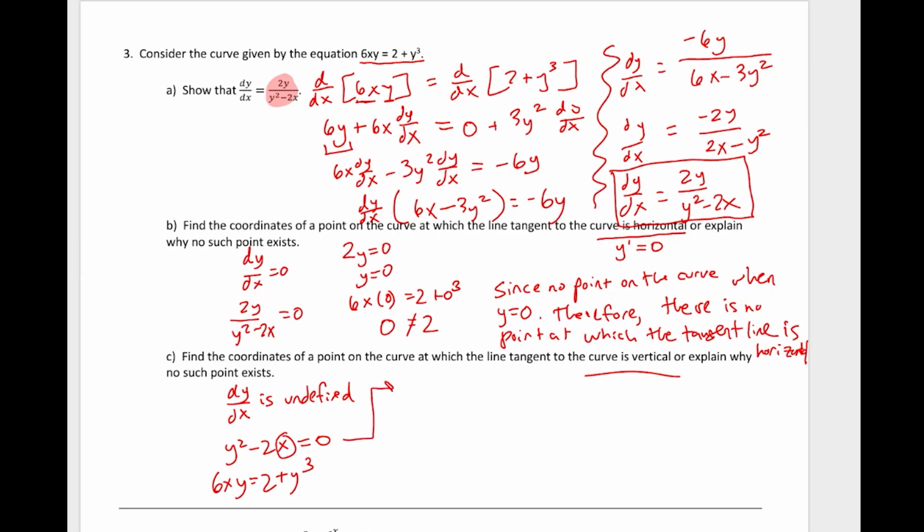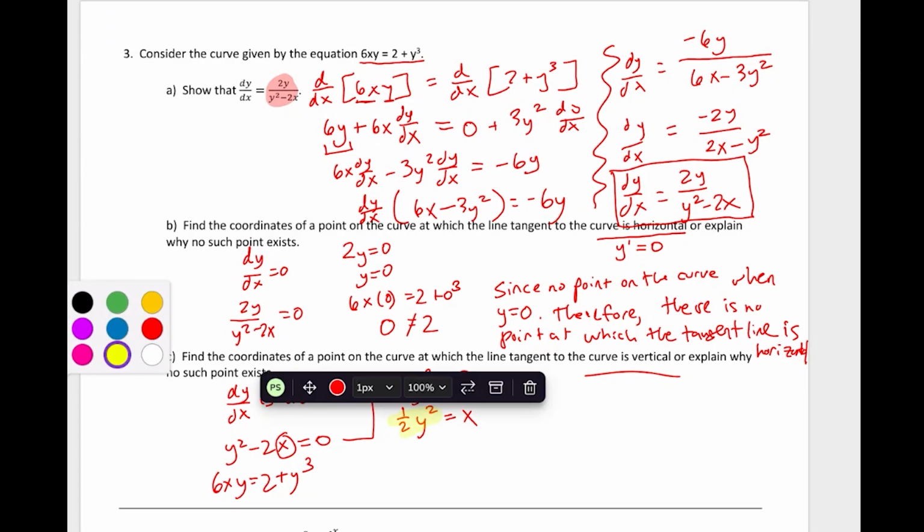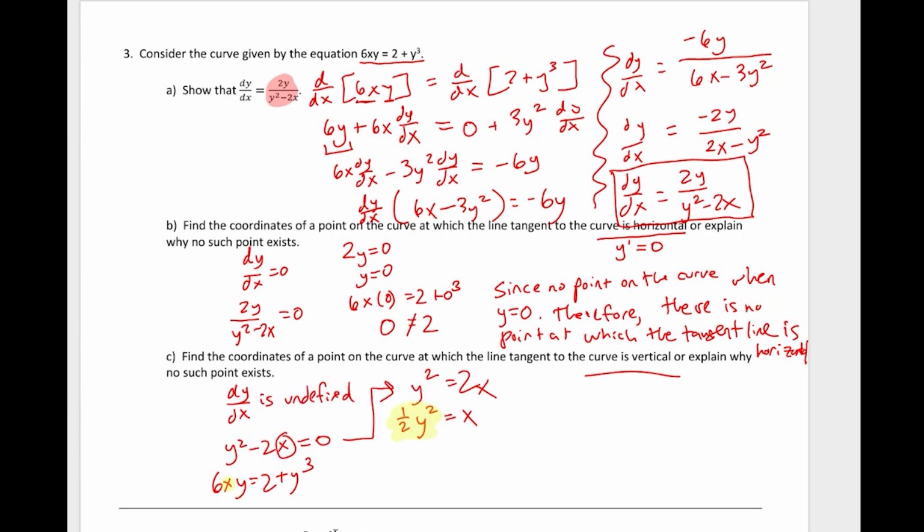So I'm going to rewrite this equation as y squared equals 2x, and divide both sides by 2, or multiply both sides by 1/2. And use this expression for x right here in the other equation of the system. So 6 times 1/2 y squared times y equals 2 plus y cubed, and hopefully we can solve this for y.